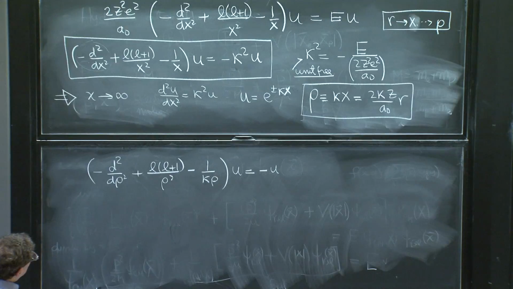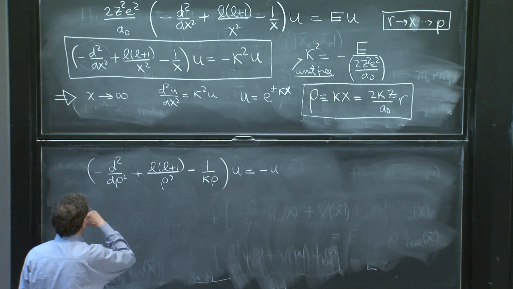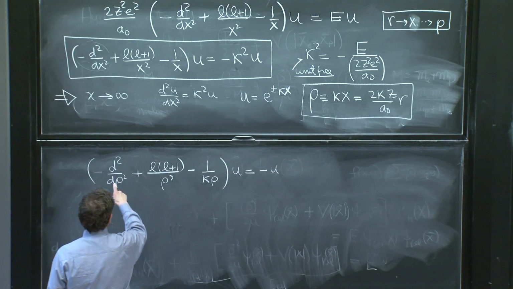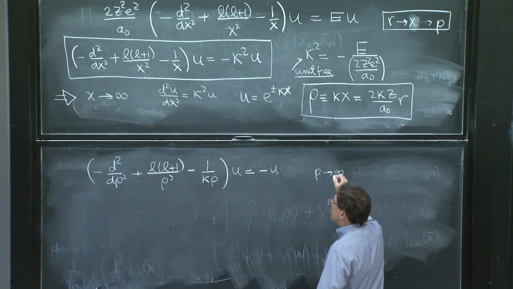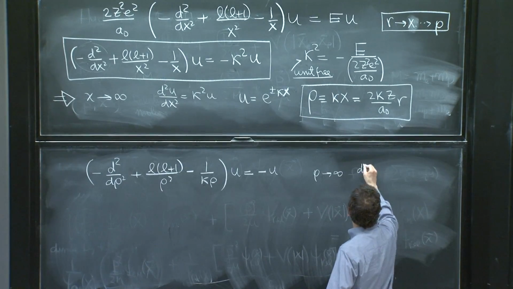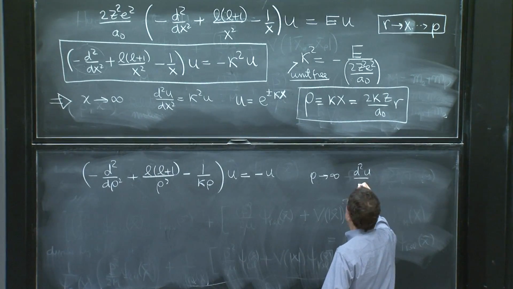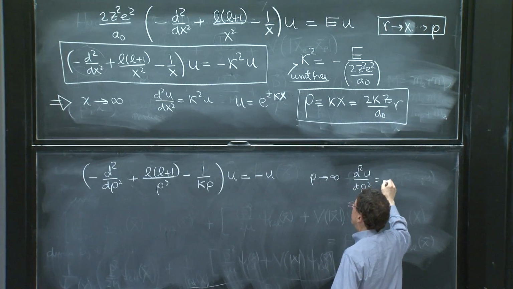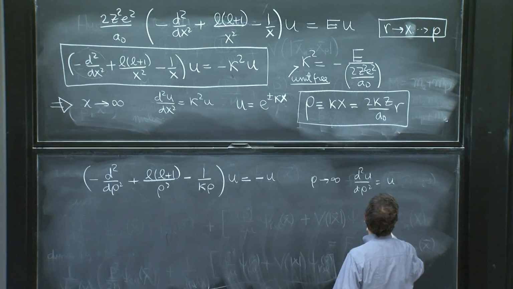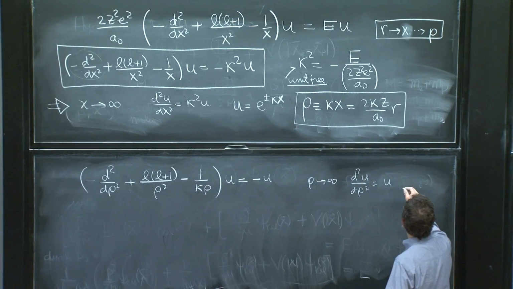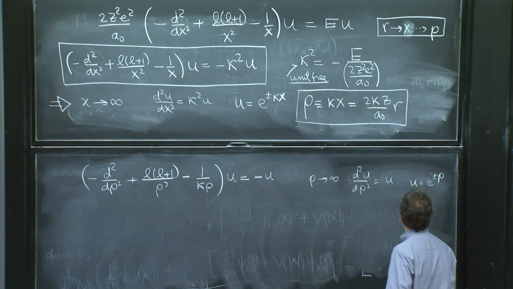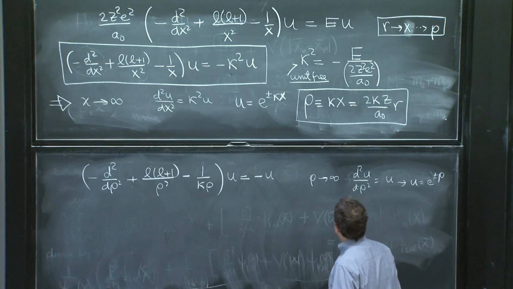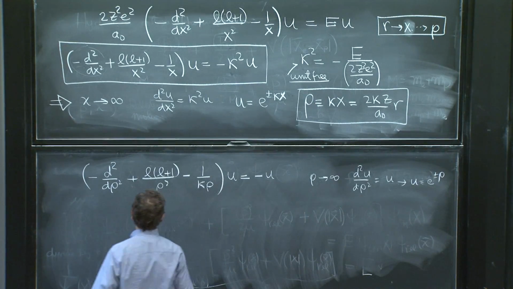And now you would say, OK, this is nice. If you look at rho going to infinity again, it works as we wanted. You get the second derivative of u with respect to rho squared equal to u, and that means u goes to e to the plus minus rho, which is what inspired this.